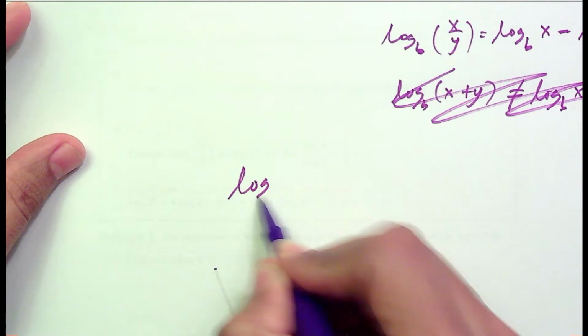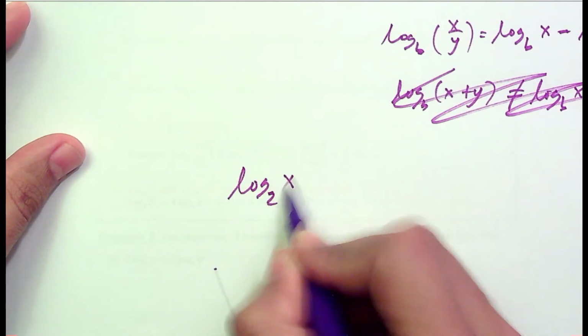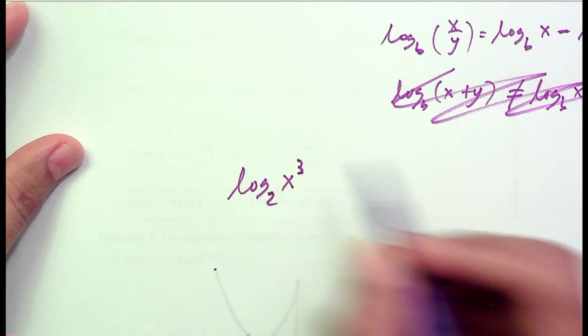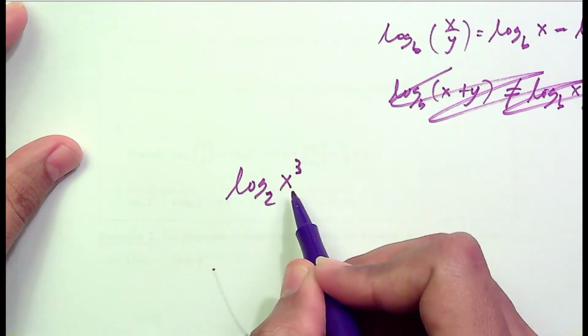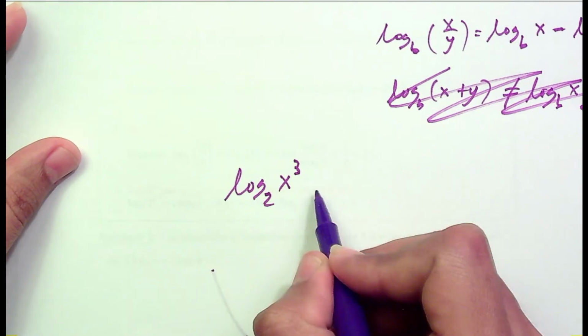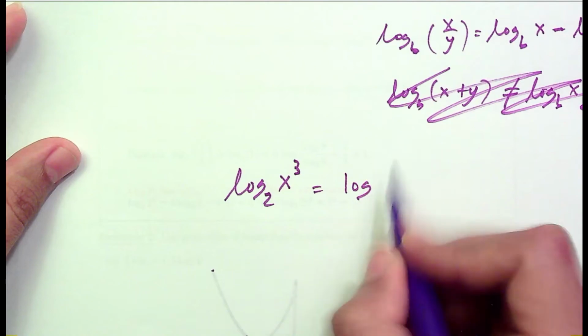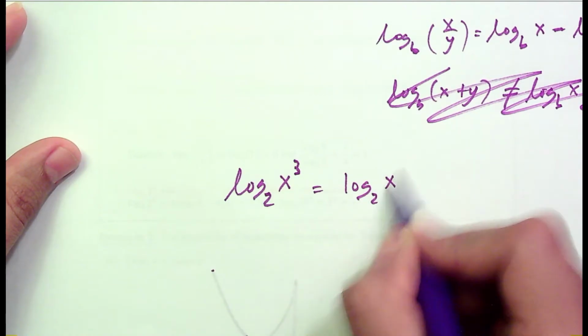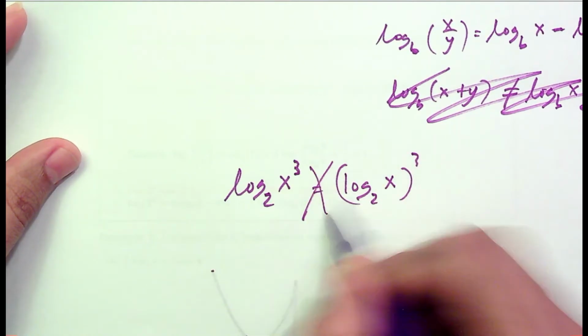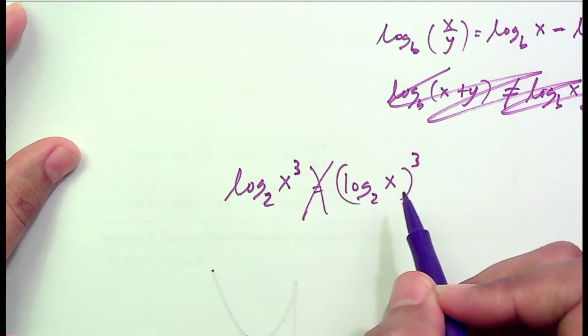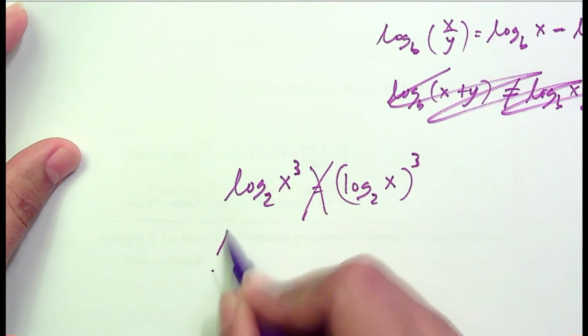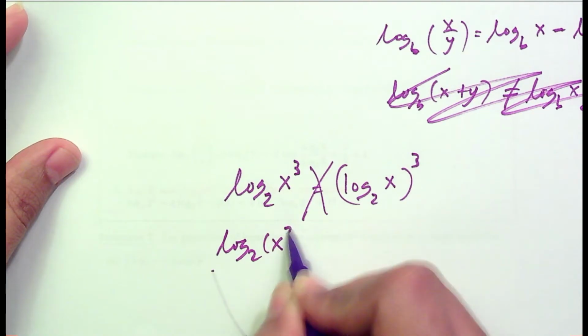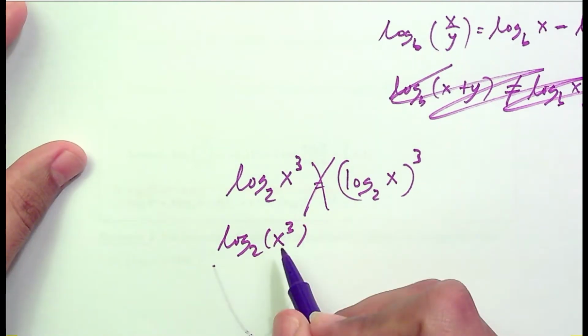If you see something like log base 2 of x to the third, that 3 is only for the x. Don't make the mistake of thinking that the 3 is for the whole thing. It's not true.